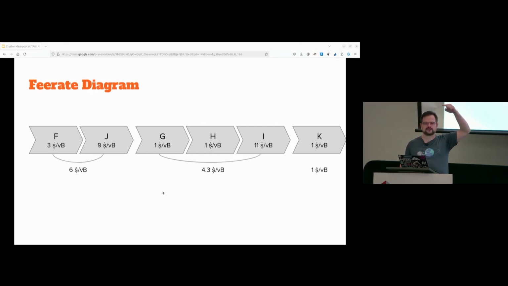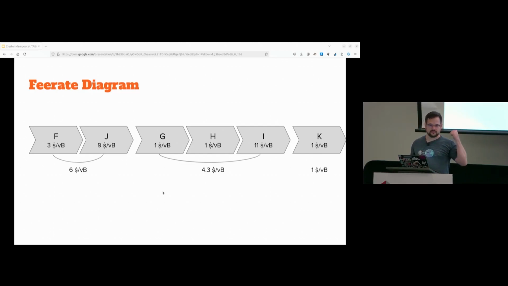And the fee rate of G, H, and I will not change because it's already not the ancestor set that we're calculating. We're calculating with the chunk G, H, and I. And the fee rate doesn't change. It's exactly the fee rate that we have pre-computed that is left once we have picked F and J, right? It's still 13/3 that we'll get out of that package.